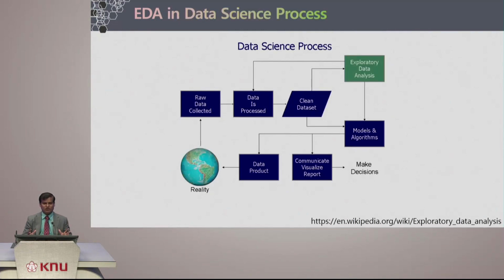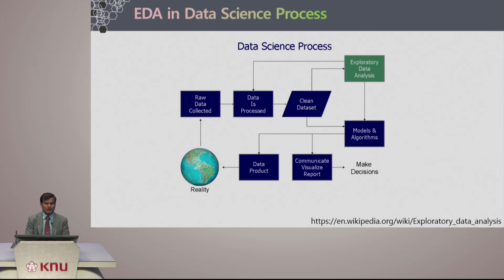Here is the overall flow diagram of the data science process. Can you see where this exploratory data analysis fits in this process? Yes, it's right there, and you can see that after this EDA process, you perform the actual data processing, and the actual modeling and algorithm work is also done after this.